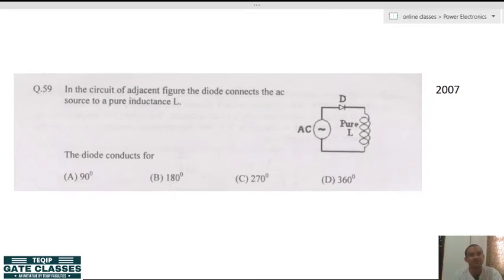In the circuit of the adjacent figure, the diode connects the AC source to a pure inductor. This is the case of a pure inductor, and we have studied that in the case of a pure inductor, the rectification never happens. Why does it never happen? Because the inductor does not have a discharge path, and it will keep the diode forcefully on.